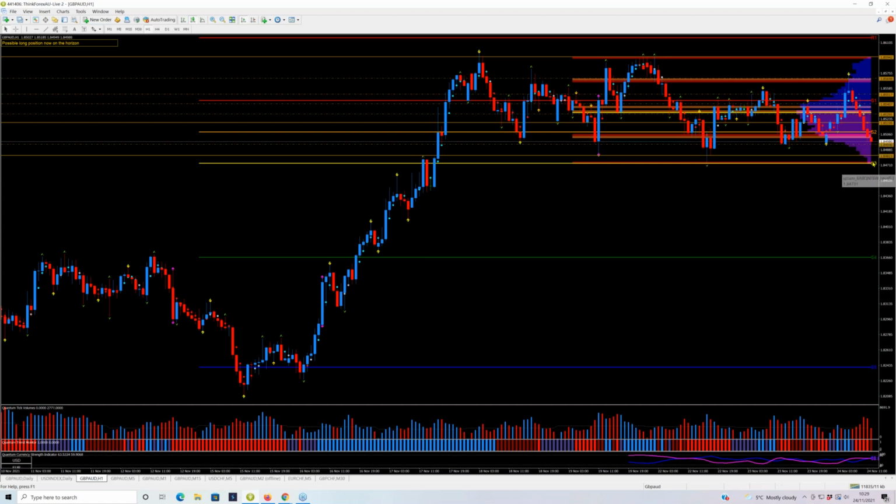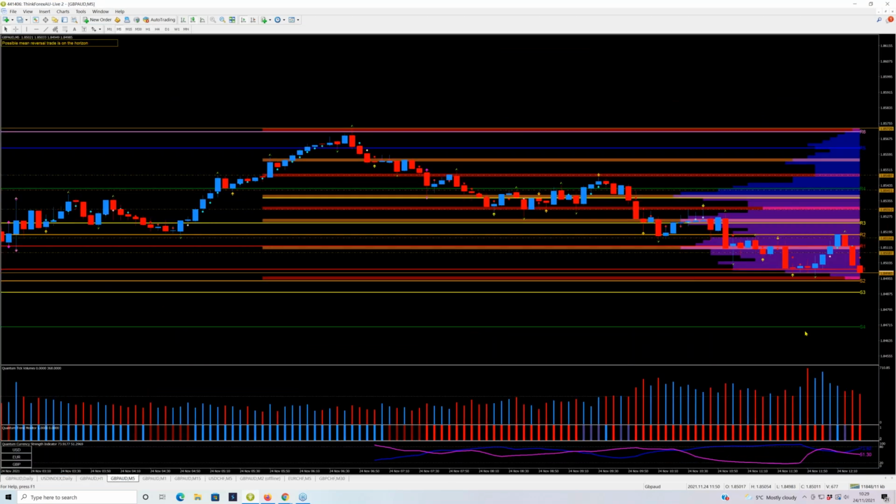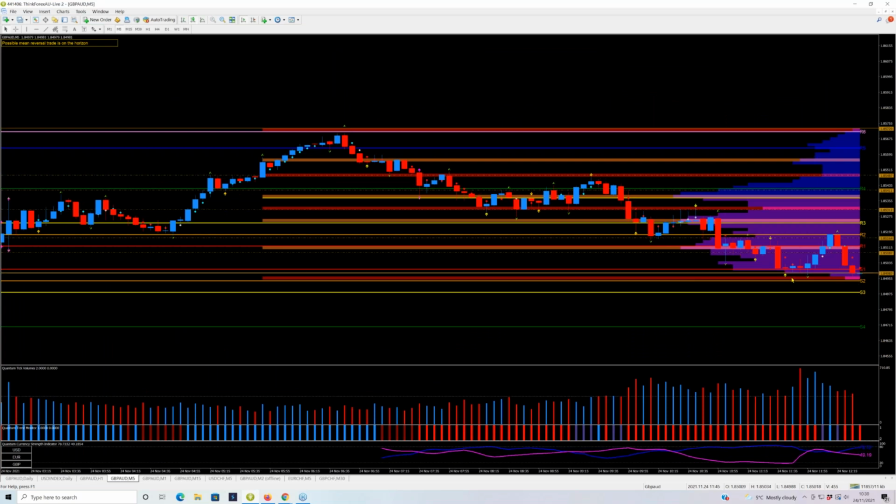So if it carries on, then certainly the S3 on the hourly chart is a reasonable objective. But shorter term, on the faster time frames, it's got to get through certainly the S2, where it actually bounced off previously, and then a logical target would be the S3.